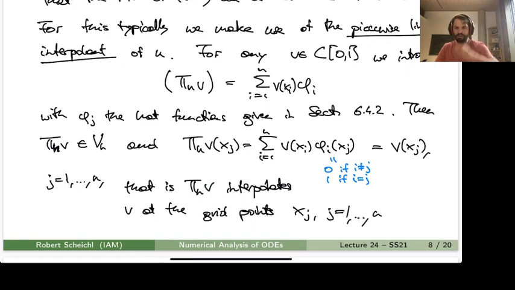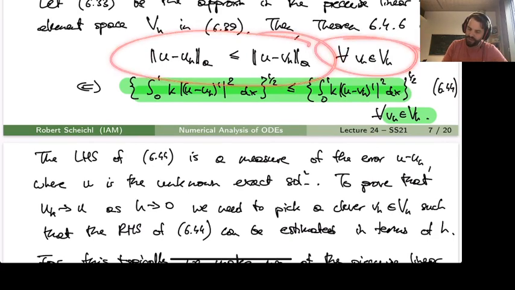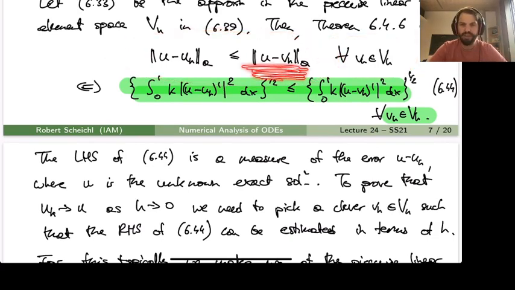In fact, also at 0 and n plus 1 because of the boundary conditions, but we'll get back to that. Okay, now we can analyze the error. So we've already analyzed that the error in the finite element solution is less than or equal to u minus vh for all vh in Vh. So now we're going to just choose vh to be pi h of u and analyze that.